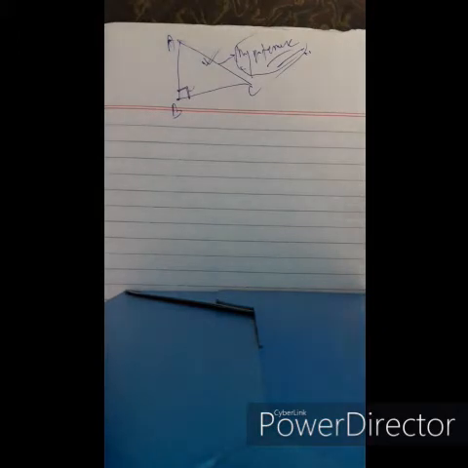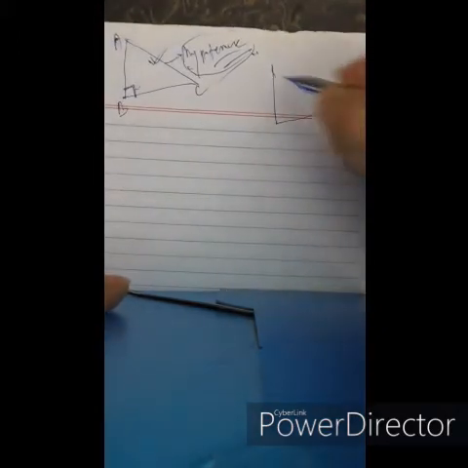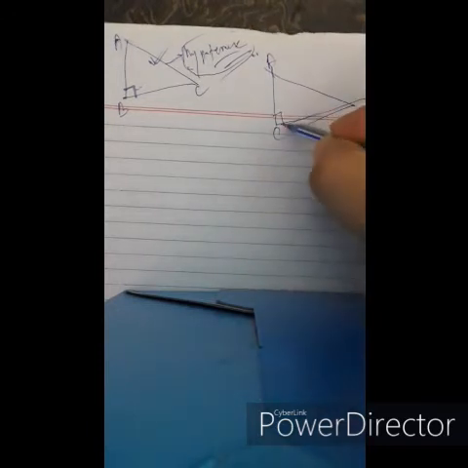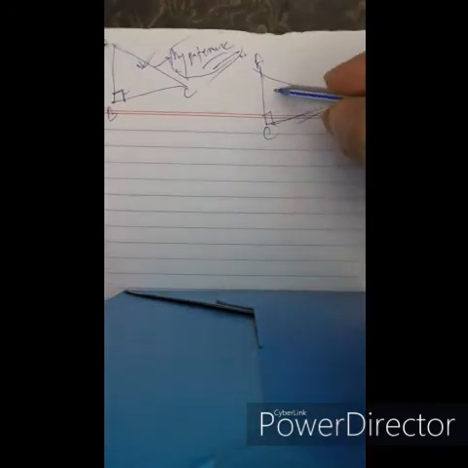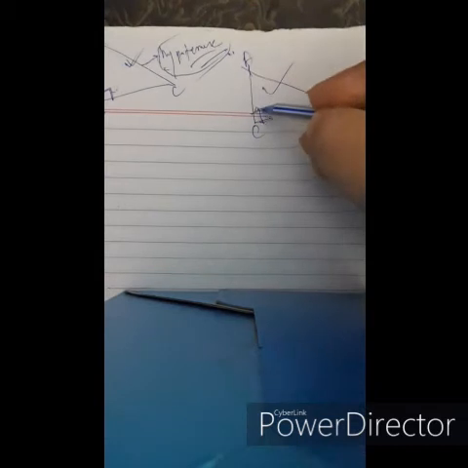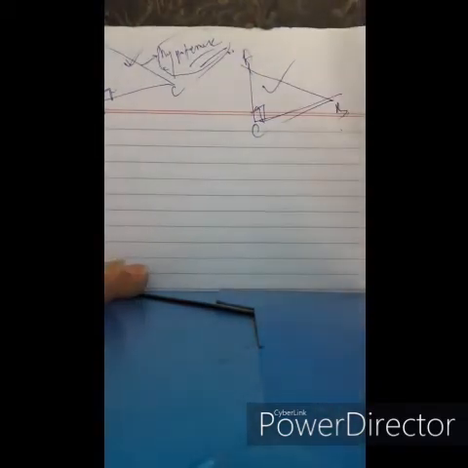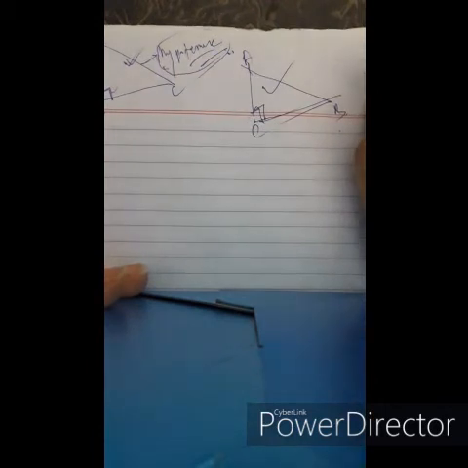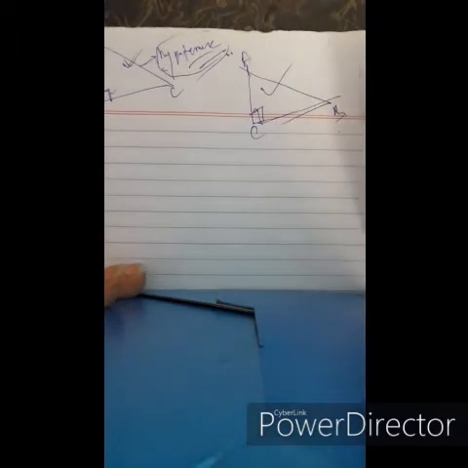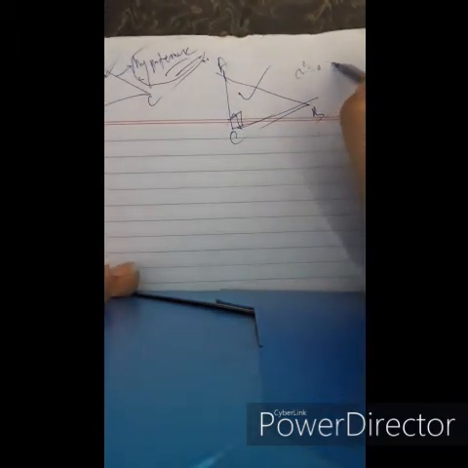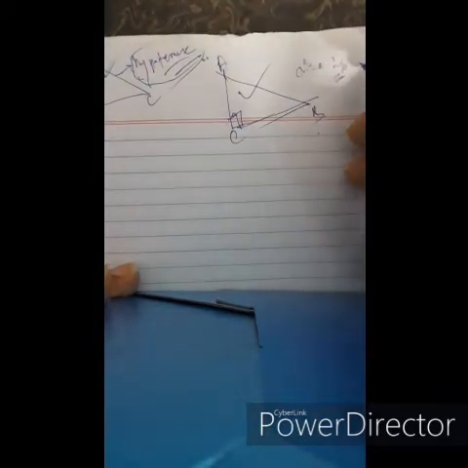Suppose a triangle ABC is right angle at C, then here AB is the hypotenuse. The side opposite to right angle C is the hypotenuse, and hypotenuse is the largest side. Pythagoras theorem we already know, square of the hypotenuse is sum of square of the two sides.